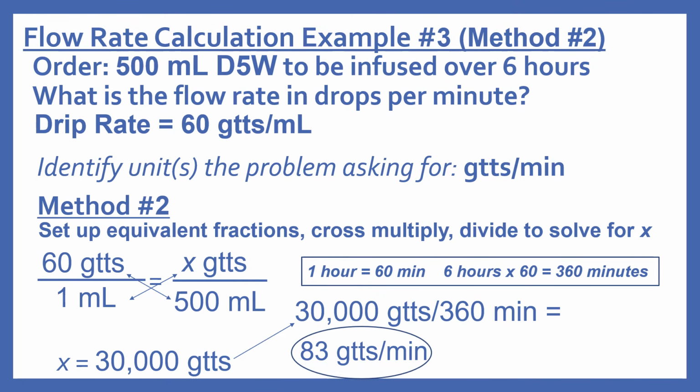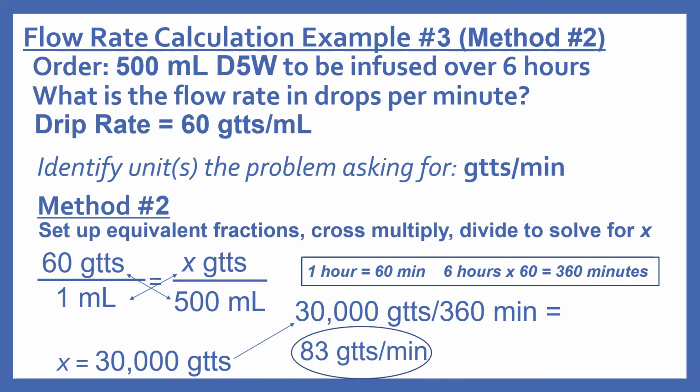So we have 60 drops per 1 milliliter, that's our drip rate, and we'll set that equal to x drops per 500 milliliters. So this will give us the first unit, our drops. So 60 times 500 equals 30,000, and then divided by 1, that gives us 30,000 drops.